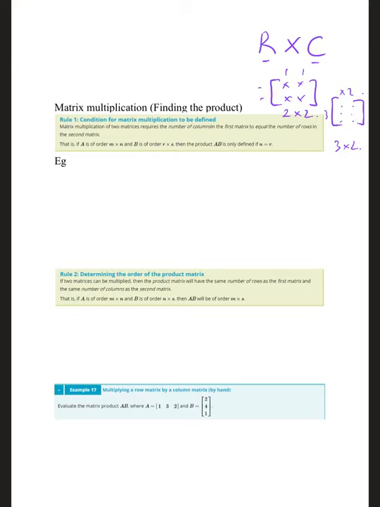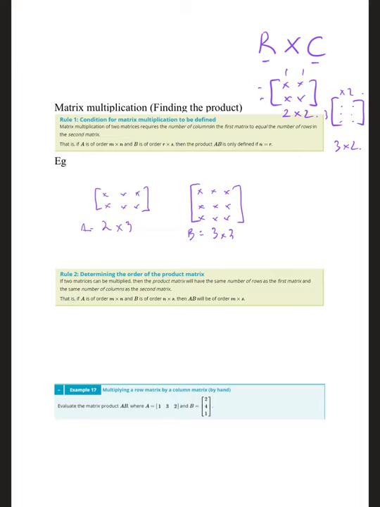Rule 1, the condition for matrix multiplication to be defined. So there is a rule to say whether two matrices can be multiplied together. So, for example, if I have a 2 by 3 and a 3 by 3, maybe this is A and this is B, can I multiply A times B?